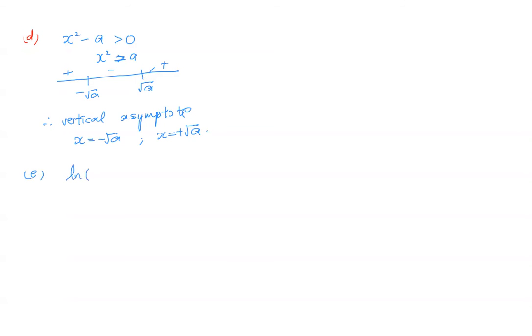Ln of x squared minus A equal to 0. So x squared minus A equal to e to the power 0, which is 1. So x squared equal to 1 plus A. So x-intercept will have 2. One is negative square root of 1 plus A. The other one is positive square root of 1 plus A.